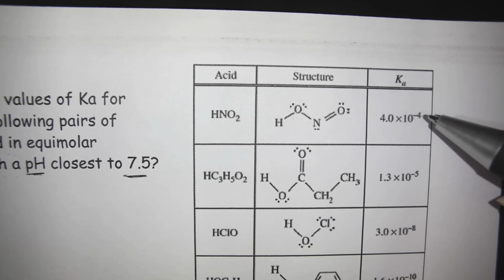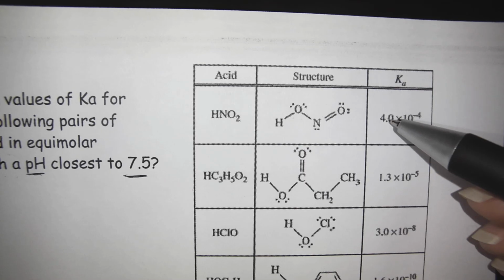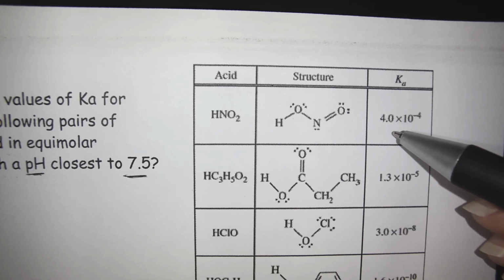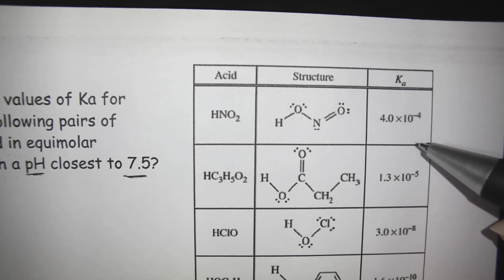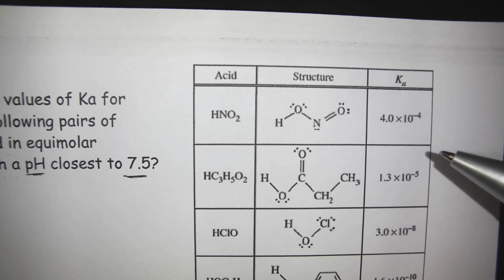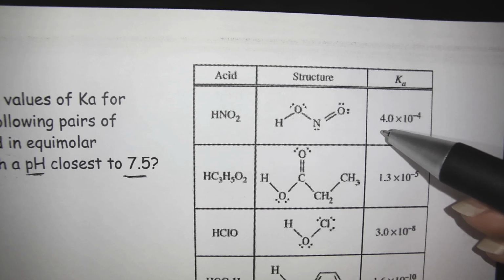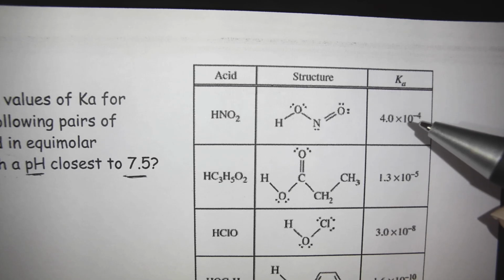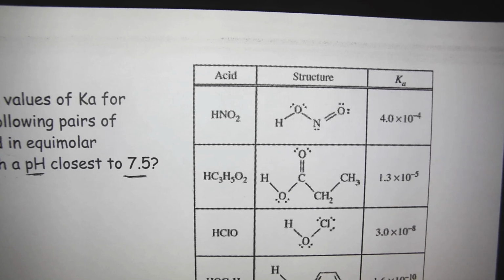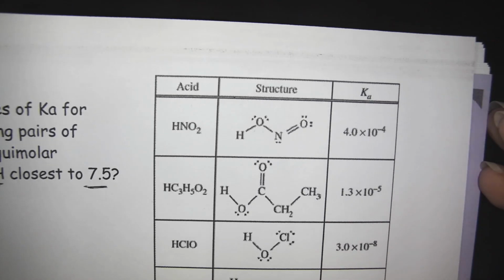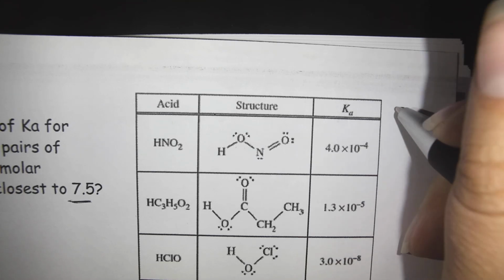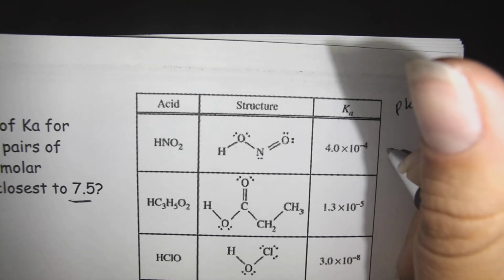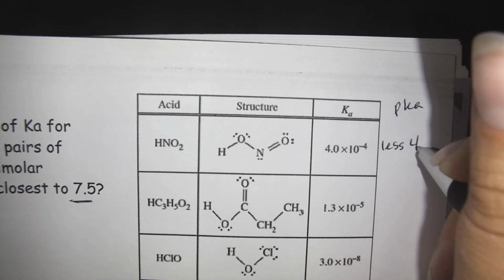Whatever the power is, if this is a 1, then the negative log of this would just be 4. But if there's a number here for the coefficient that's anything other than 1, then that just lowers your negative log answer just by a little bit. So this has a pKa that is a little bit less than 4.